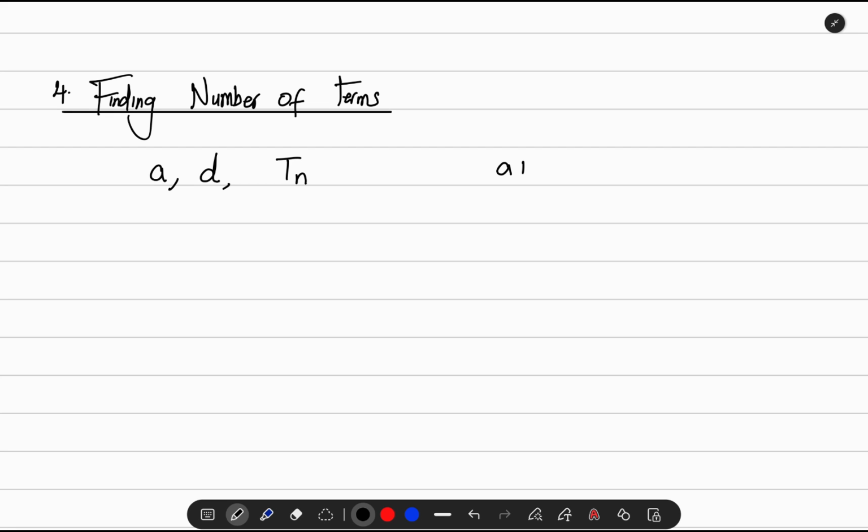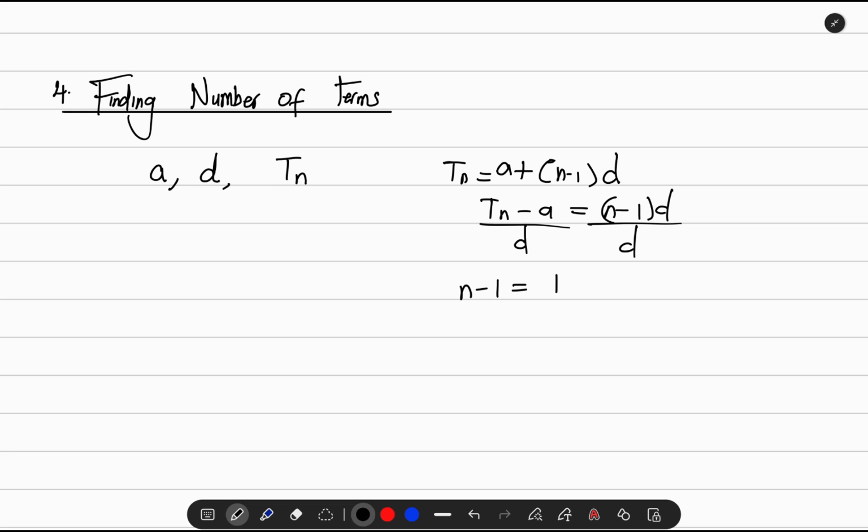From Tn equals a plus n minus 1 multiplied by d, if you make n the subject, you get Tn minus a equals n minus 1 times d, meaning n minus 1 is equal to Tn minus a over d.